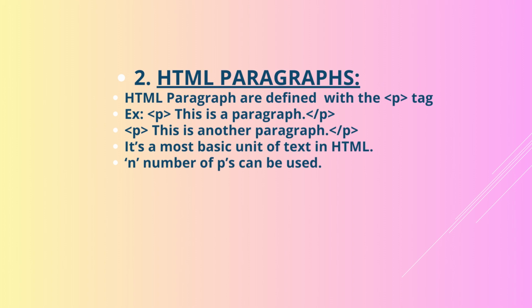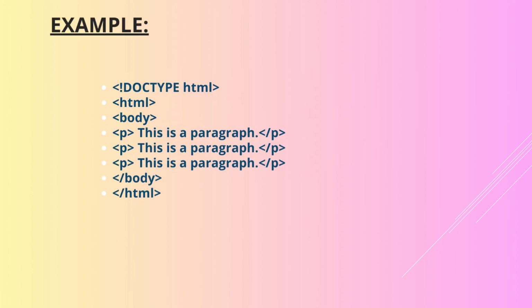Most browsers read a line as a paragraph even if we don't use a closing tag, but this may raise unexpected results, so it is good practice to use the closing tag. It's the most basic unit of text in HTML, and any number of p tags can be used. Now let us see the example for the p tag.